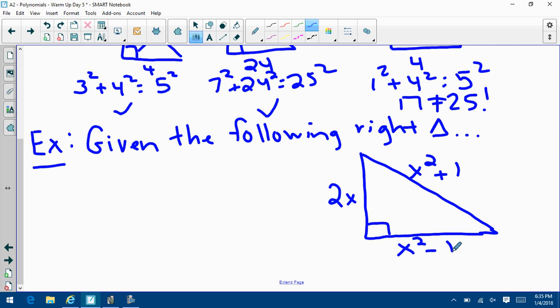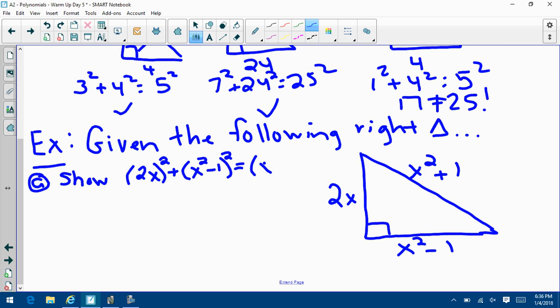So given that right triangle, for part A, I want you to show the Pythagorean theorem holds. So show that 2x squared plus x squared minus 1 squared really does equal x squared plus 1 squared. So that's just thinking of this as A, this is B, and this is C. So if those really can be lengths in a right triangle, then that would have to be true.